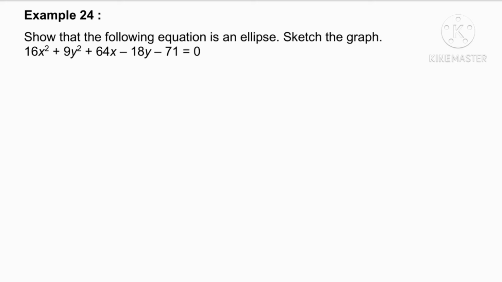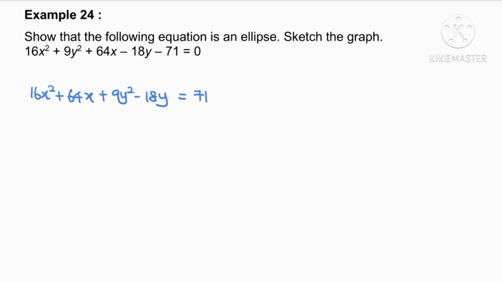Now, let us begin by grouping separately the x terms and the y terms. 16x squared plus 64x plus 9y squared minus 18y is equal to 71. Before we can complete the square, we have to make sure that the coefficient of the x squared and y squared is 1.